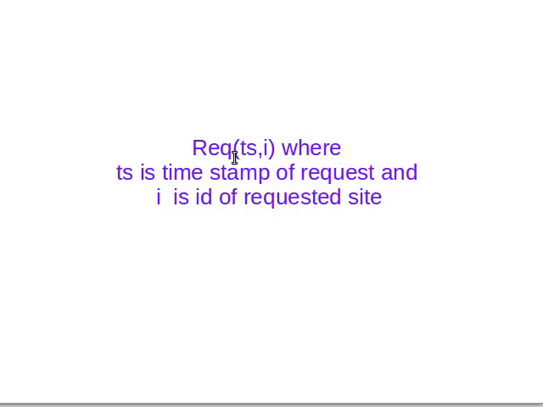In a request message, the timestamp of the request and the ID of the site who is requesting will be present. So in a request message we have two contents. One is the timestamp of the request message and the second one is the ID of the site who requested.